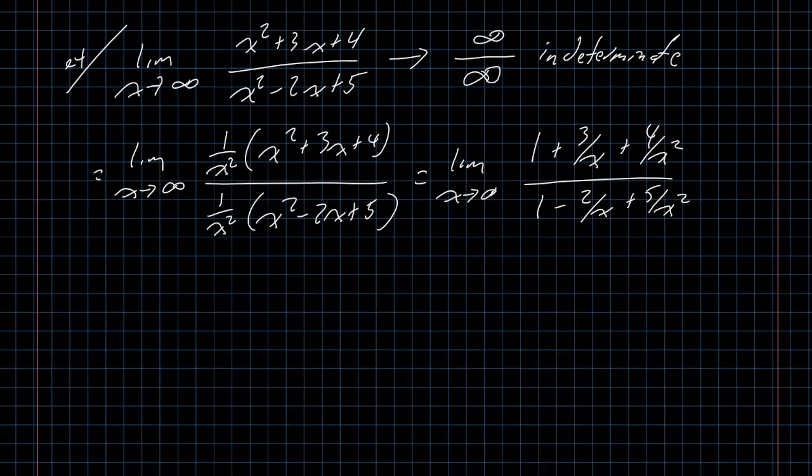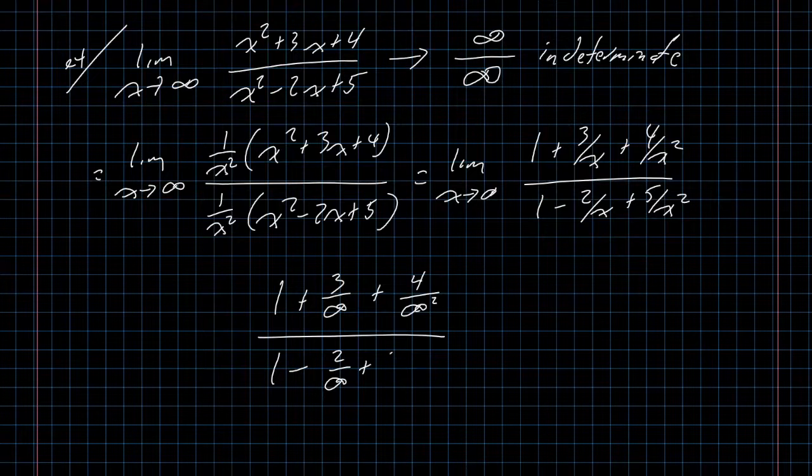But we can evaluate this thing. And this should go to 1 plus 3 over infinity plus 4 over infinity squared divided by 1 minus 2 over infinity plus 5 over infinity squared.